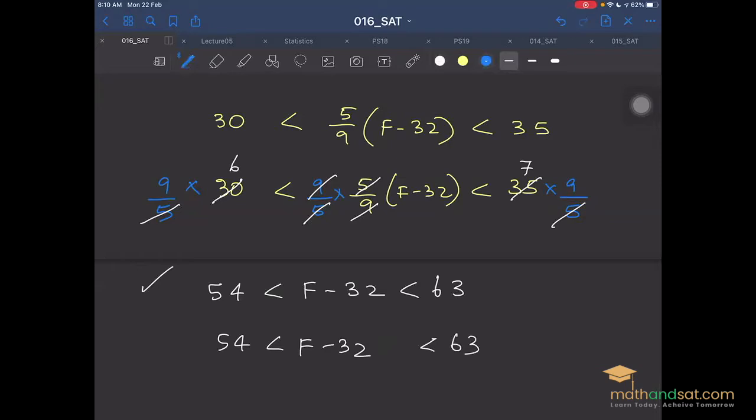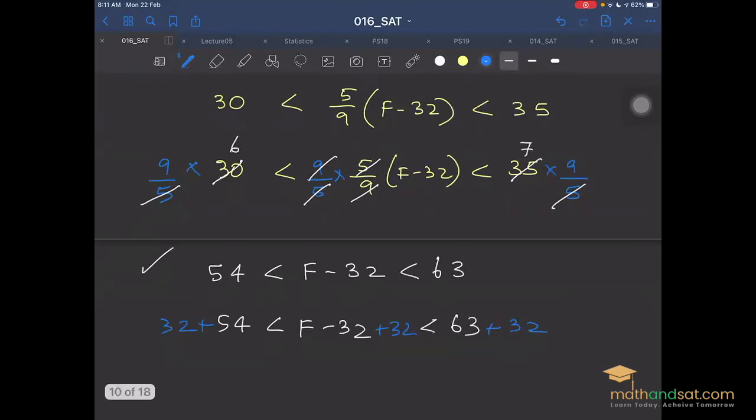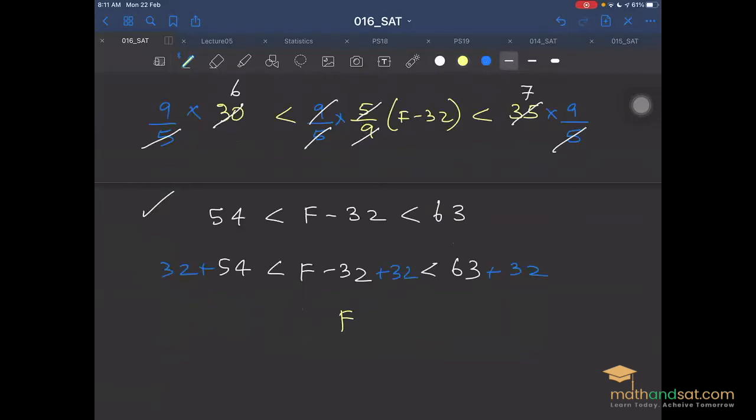I'm adding 32 everywhere. So what happens? Now you have f between 86 and 95. And we have the answer.